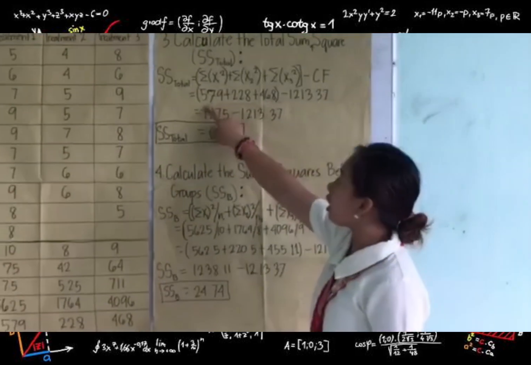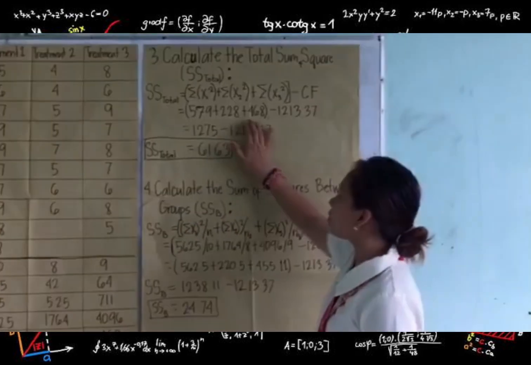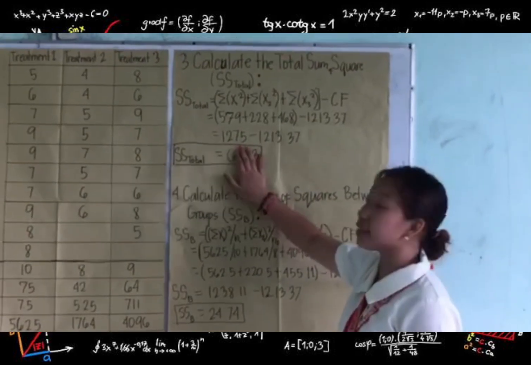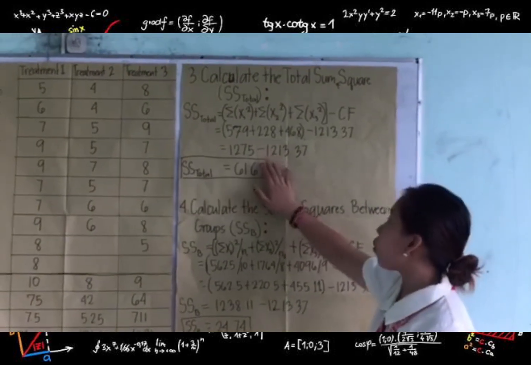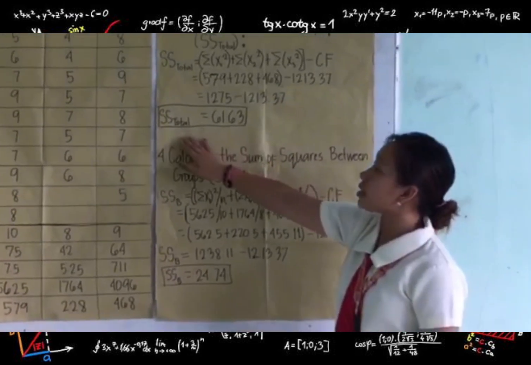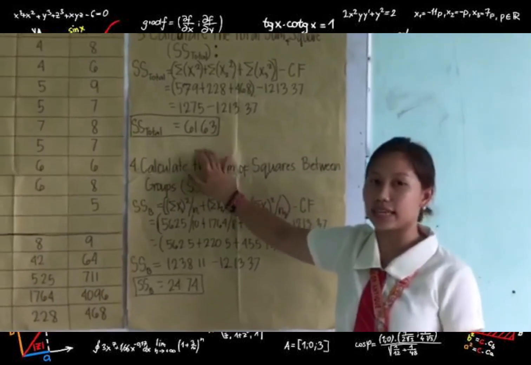The total of 579 plus 228 plus 468 equals 1,275, minus 1,213.37 equals 61.63. So we have the SS total of 61.63.